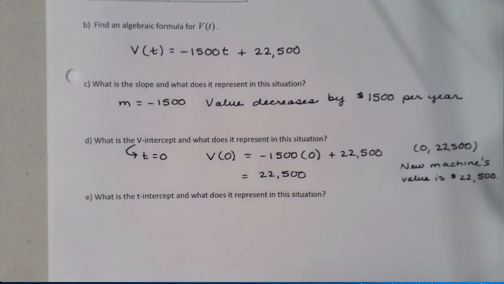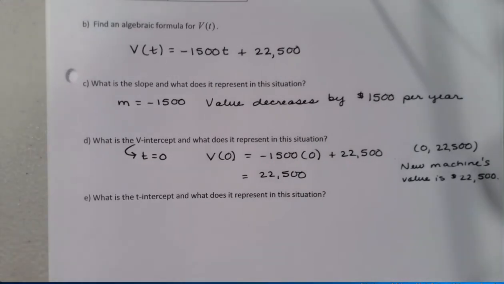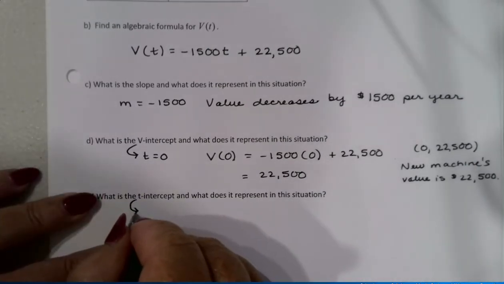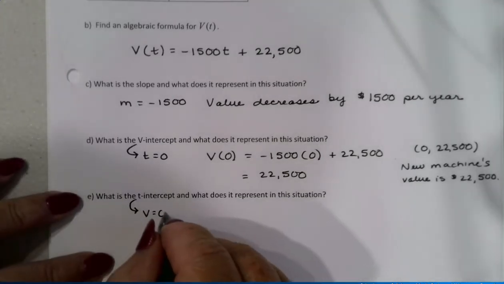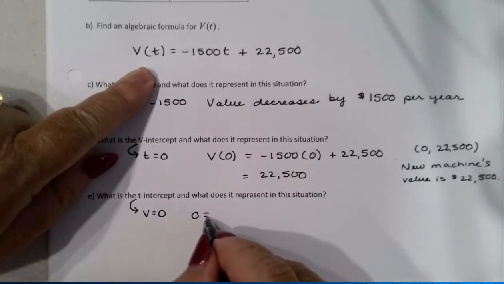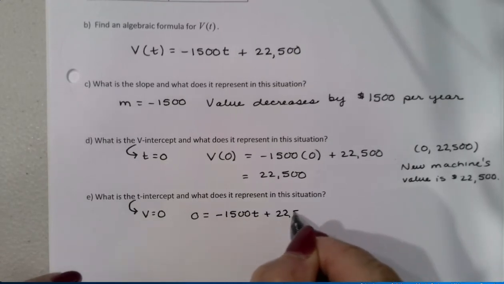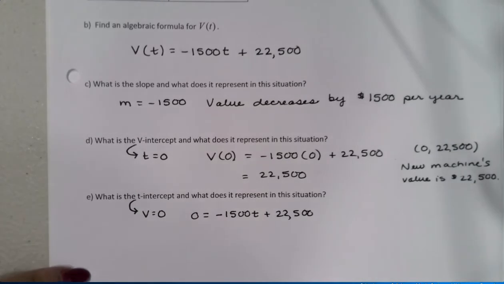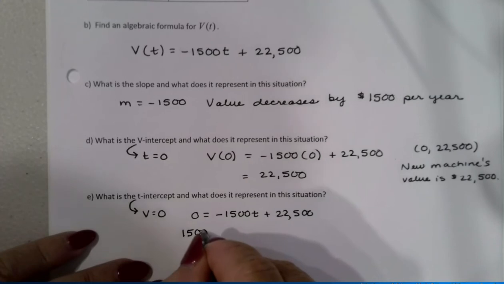All right, what about the other intercept? What if I want the t-intercept? Again, graphically, it's where we cross the t-axis. But in terms of the formula, that means I have to put the opposite variable, in this case the v, equal to 0. So that means 0 is going to go on this whole side. And if I want to solve that little equation, I'm going to add the 1,500t to move it to the left-hand side.